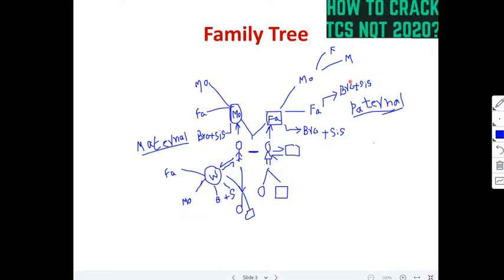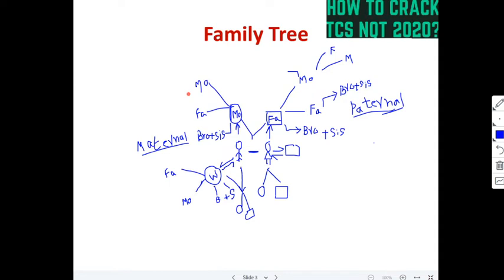Nowadays, questions use this relationship also. If the great grandfather has a brother and sister, then we call them grand uncle and grand aunt. Same way here also, grand uncle and grand aunt.